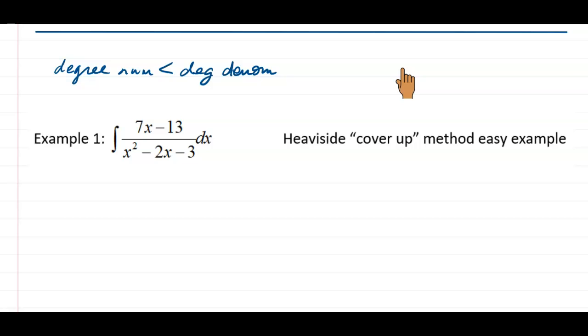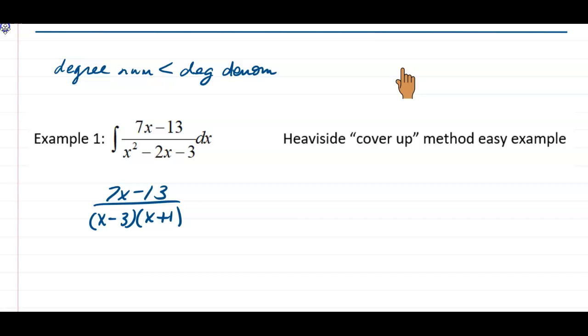So the idea with this partial fraction decomposition method is we want to rewrite the integrand as a sum of fractions where the denominators are linear factors. And so the first thing we're going to do is write the factored form of the denominator, which in this case is x minus 3 times x plus 1.